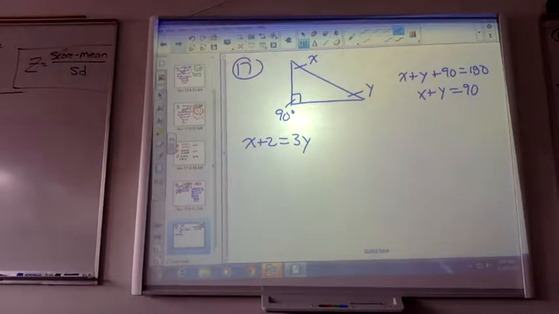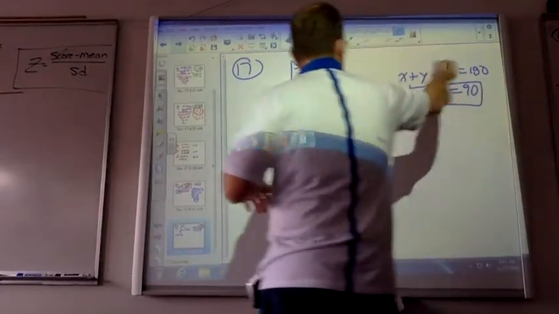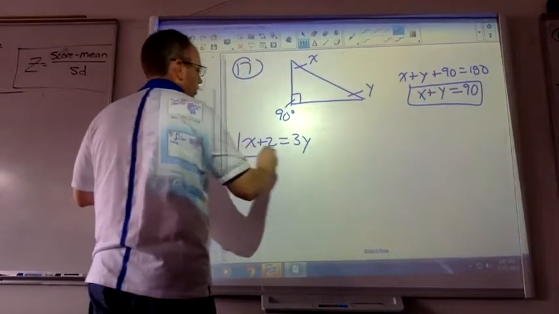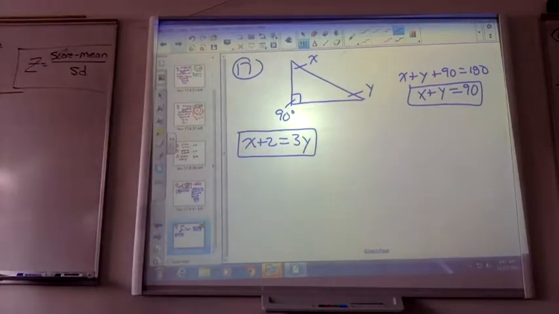So notice on the top right, I have x plus y plus 90. Good, I subtracted 90. Okay? So I'm going to use this equation here, because I modified that one, and this was given to us as an equation. Okay? Are either of those solved for x or y?